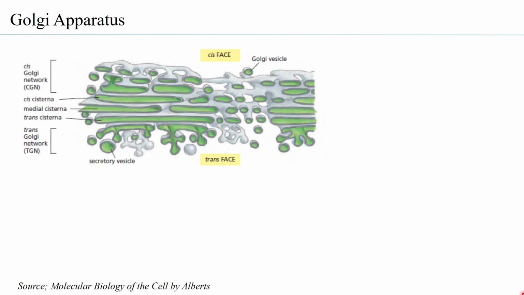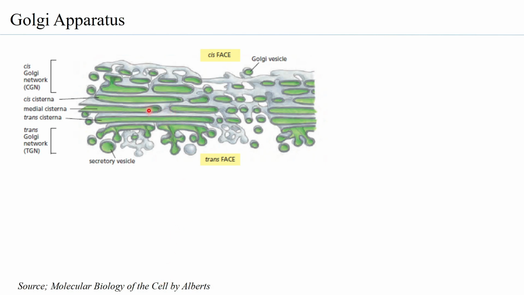So if you look at the structure of the Golgi, you can see that they are made of flattened sacs, and these flattened sacs are what is called cisternae. But towards the cis side and towards the trans phase, what is the cis phase? The side of the Golgi apparatus that is facing the nucleus is what is called the cis phase, and the side facing the plasma membrane is what is called the trans phase.